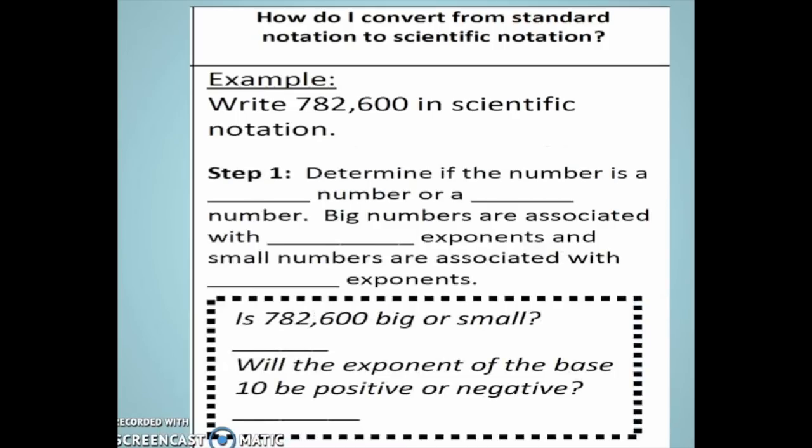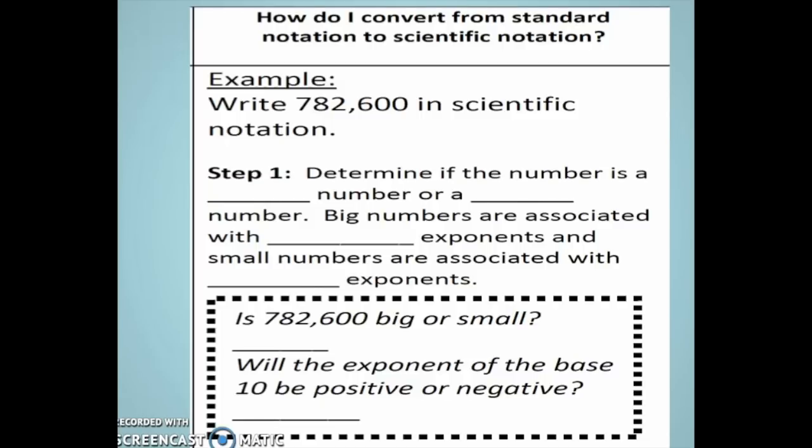How do I convert from standard notation to scientific notation? So remember, standard notation is a number we would normally write. And you are going to learn how to write a number in proper scientific notation. So you have a number, 782,600, we want to write that in scientific notation.